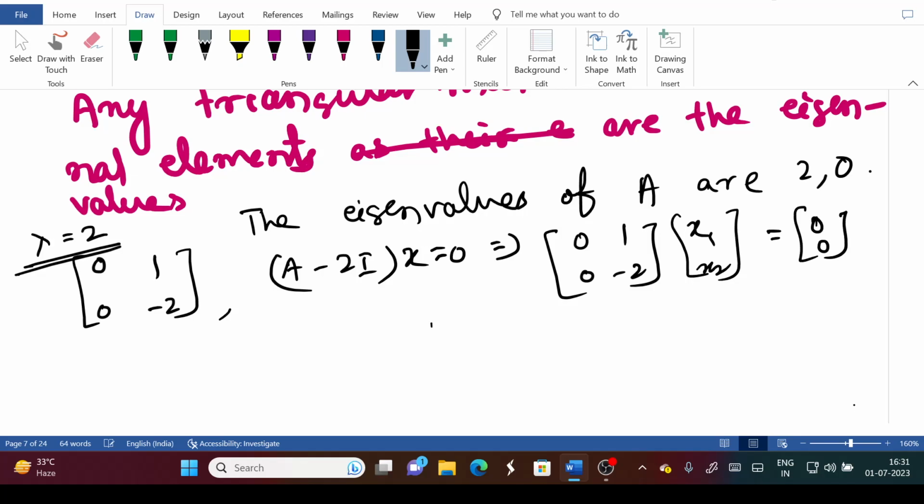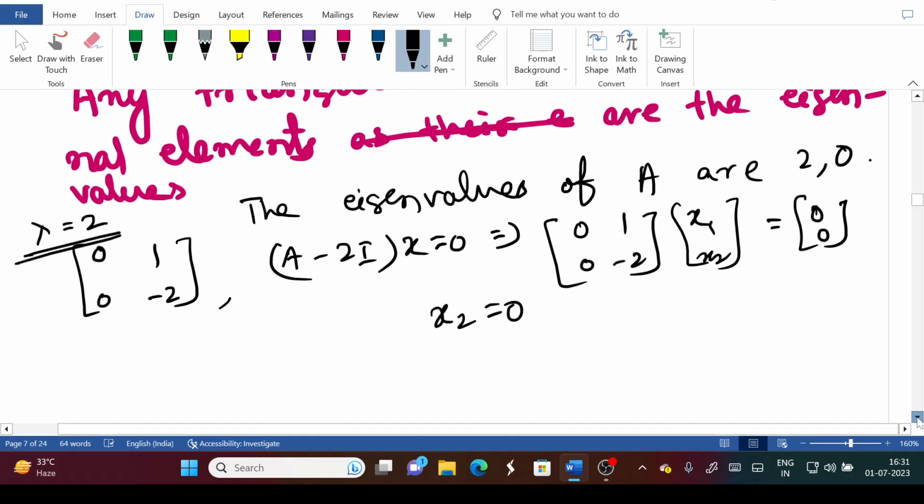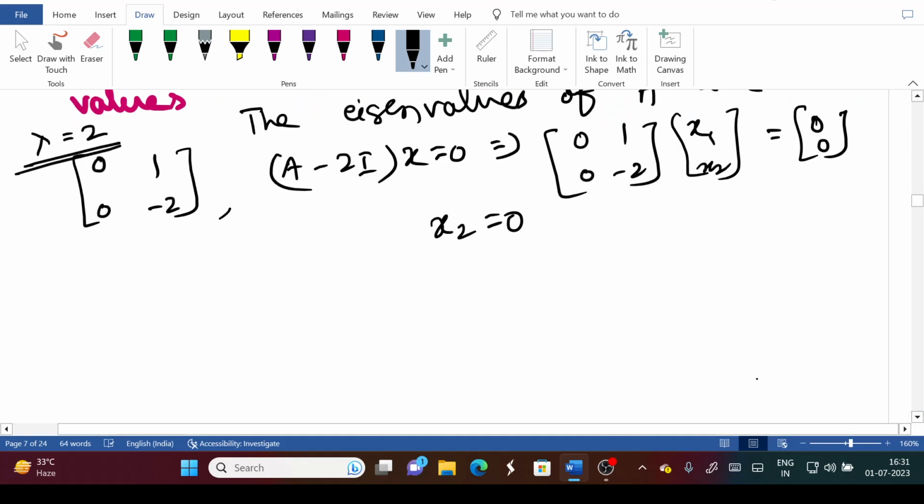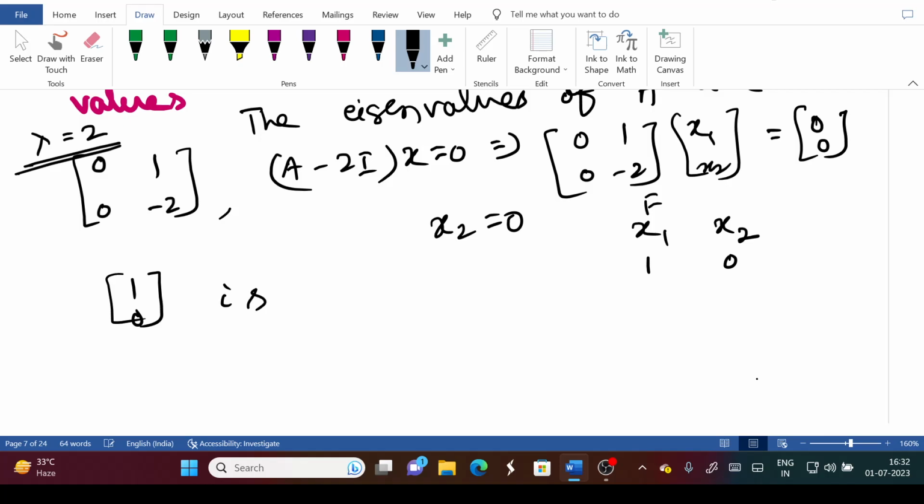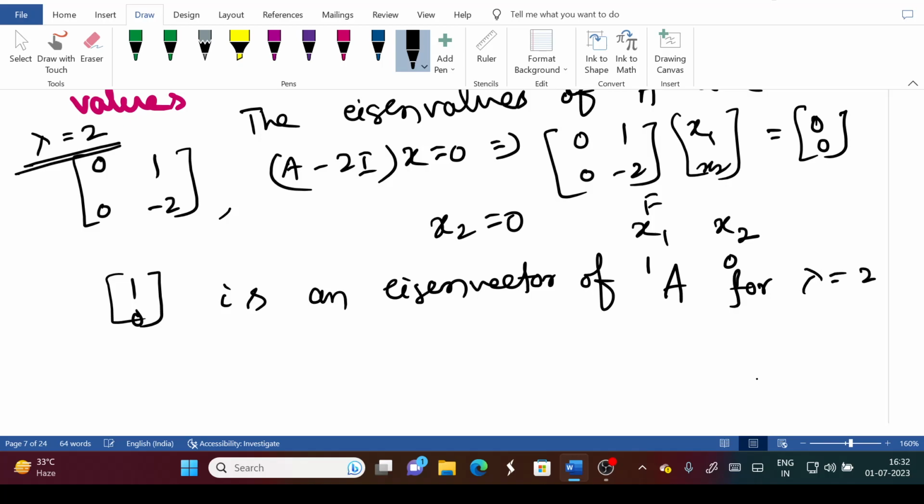That implies x2 is equal to 0. Here it has only one pivot, so the other is free. So x2 is 0 and x1 is a free variable. I can give any value, in particular I will give 1. So (1, 0) is an eigenvector of A for lambda equal to 2.